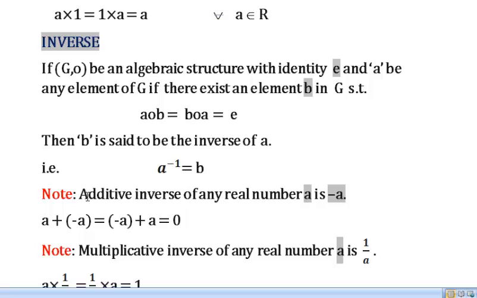Now we have to find additive inverse of A. Since additive identity is equal to 0, therefore additive inverse of A will be minus A, since A plus minus A is equal to minus A plus A is equal to 0.